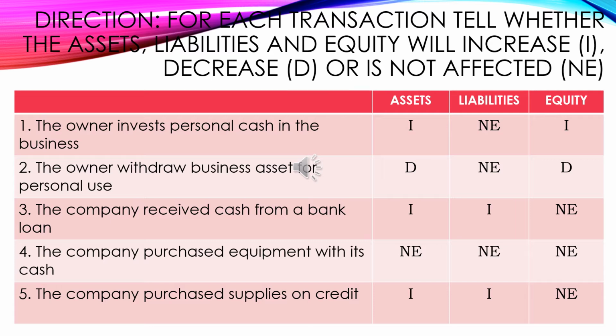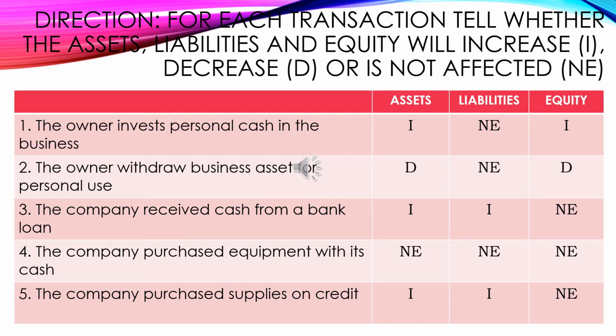Okay? So as you can observe here, for the accounting equation, if you will try to analyze these transactions, you can observe any increase in asset could result to a corresponding increase in equity or liability. So, pag may effect sa asset, for the accounting equation to remain balanced or equal, because accounting equation is assets should always be equal to liabilities plus equity.